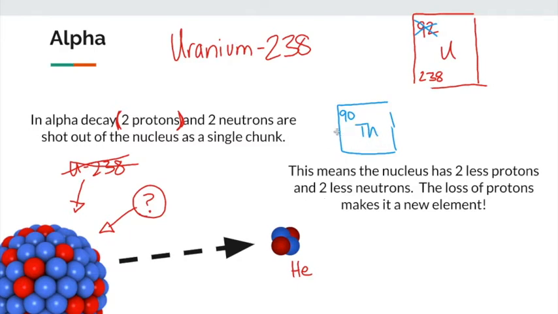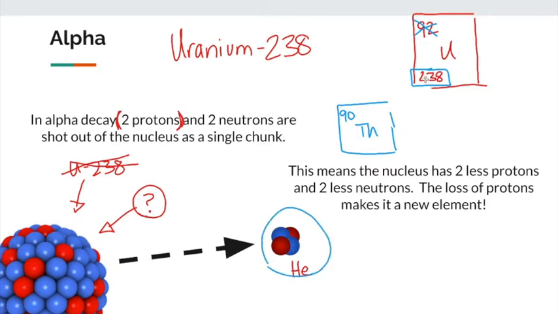Now, we're not going to just write the mass down from the periodic table because remember, the periodic table mass is just an average. We know what the mass will be. We started with uranium-238. That number 238 is a sum of the protons and the neutrons in this original nucleus. And how many things flew out? Right there, 4.